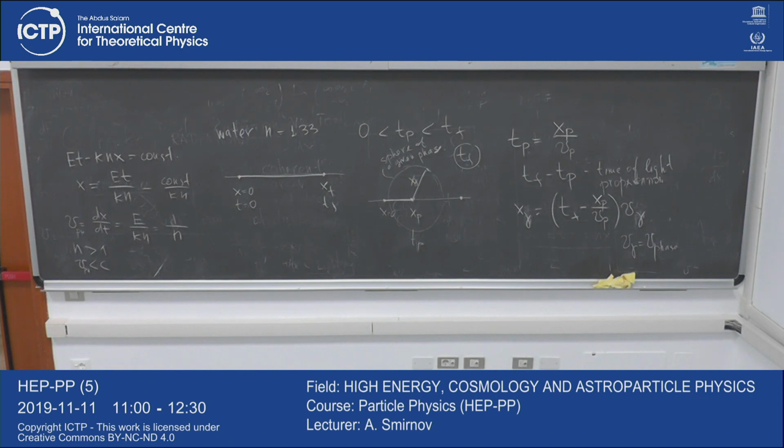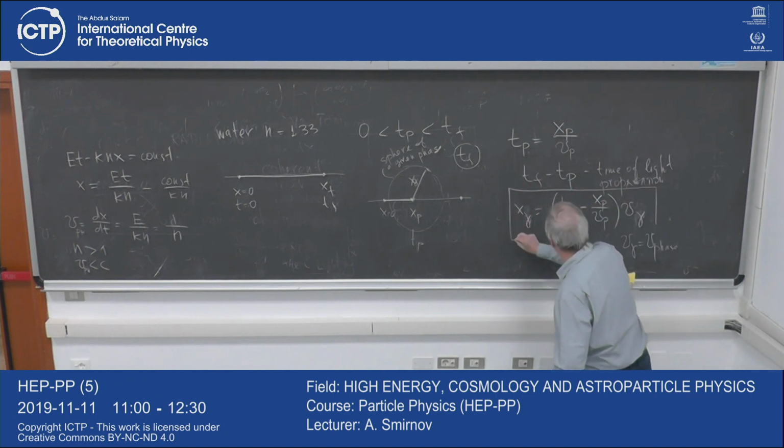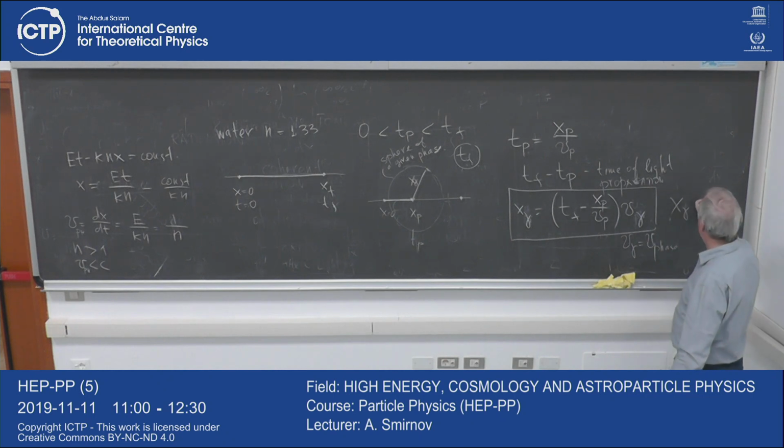Clear? So, this is essentially the equation for the front. So it gives us x gamma as the function of xp.